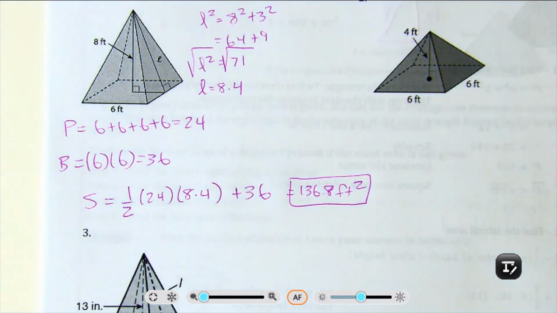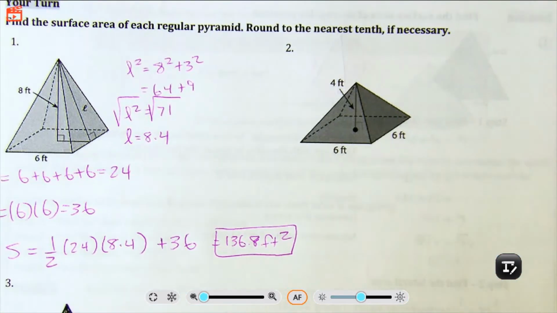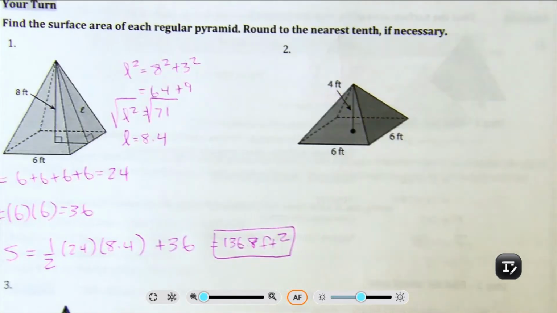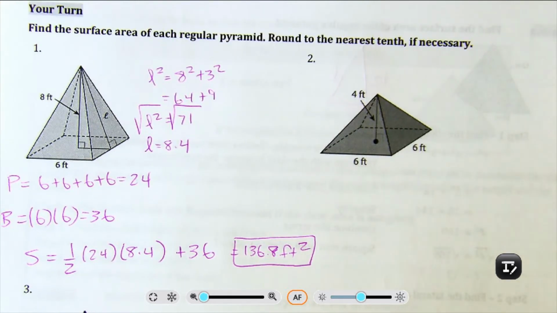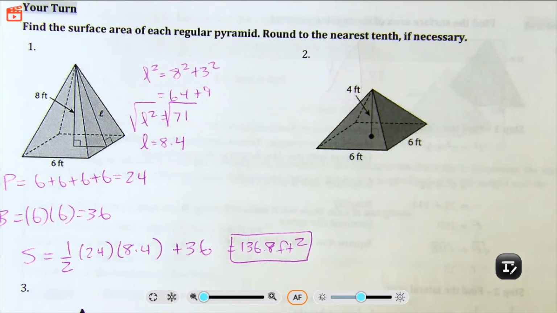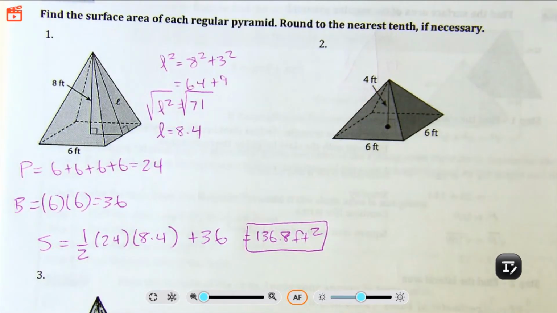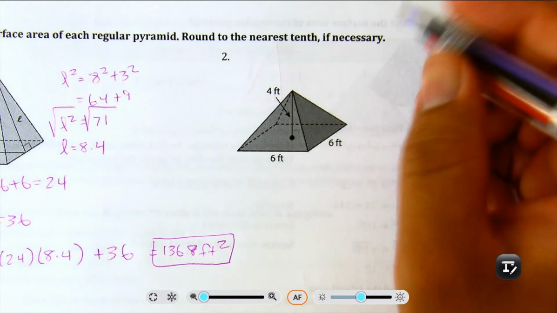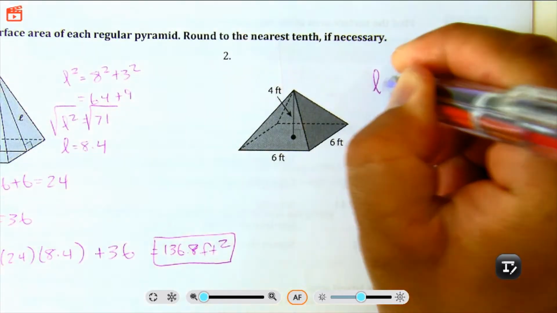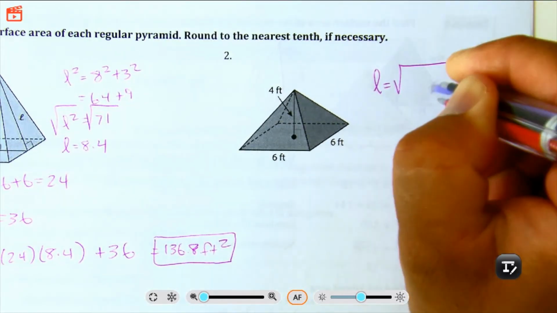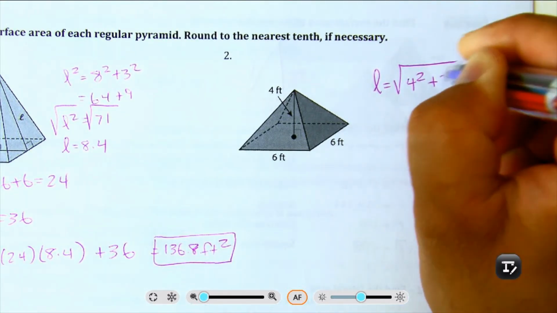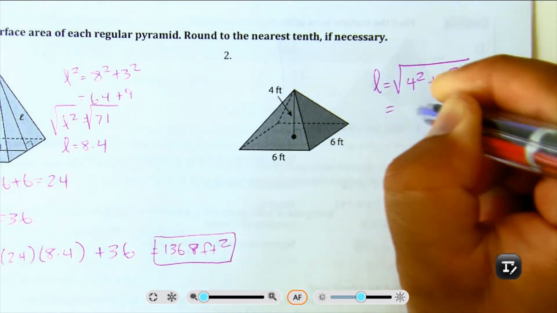Okay, we're going to be doing the same thing for problem number 2. I'm going to go a little bit faster in that you should know how to use the Pythagorean theorem to find the slant height, and you should know how to find the perimeter of the base and the area of the base. So the slant height for this one is equal to the square root of 4 squared plus 3 squared, which is the square root of 25, which is 5.